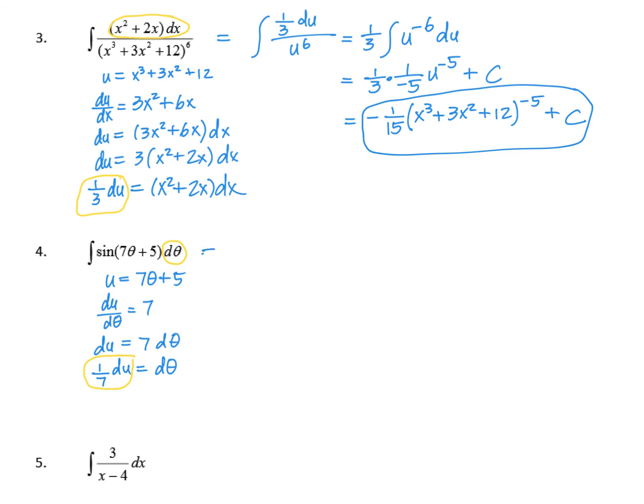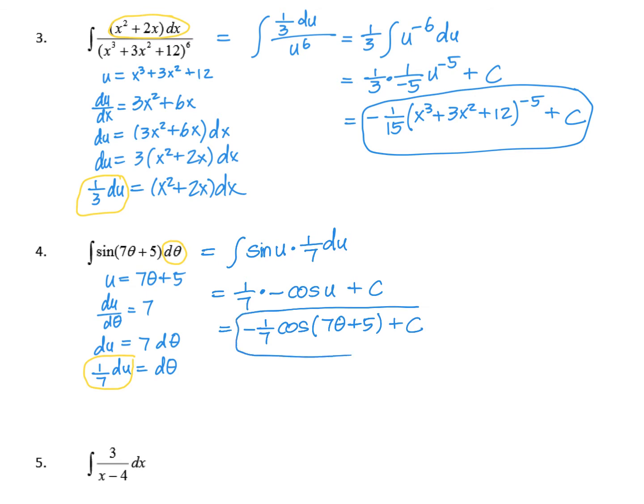And so what we have here is the integral of sine u, and then d theta is replaced by 1/7 du. So then we have 1/7, and the antiderivative of sine u is negative cosine u. And then we have plus c. So then we have negative 1/7 cosine of, and u was 7 theta plus 5. So we reverse substitute, and we get this.